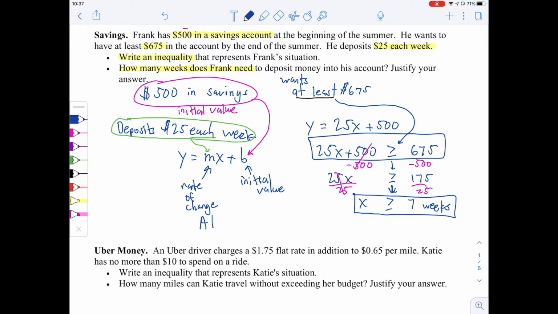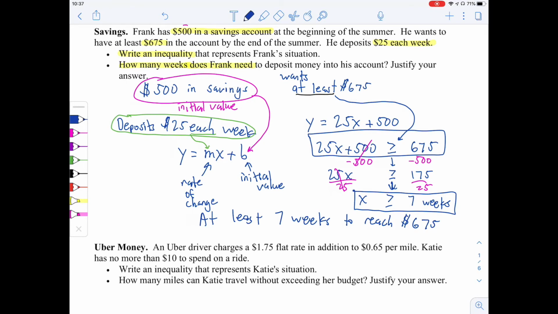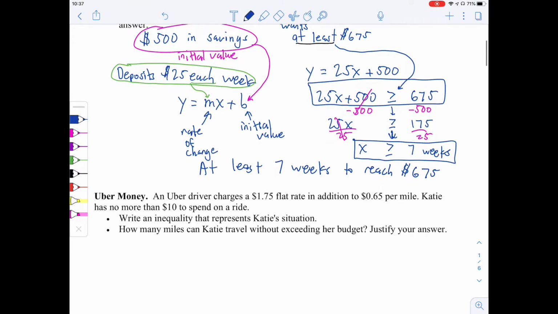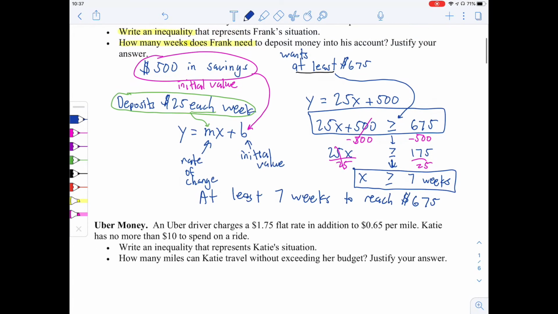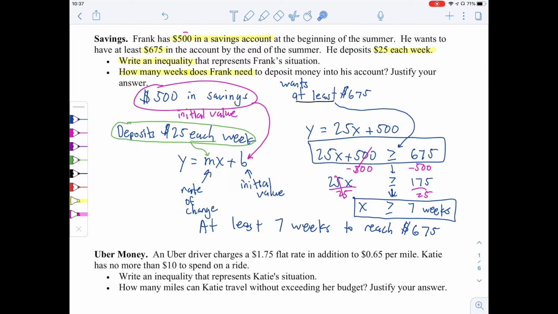At least 7 weeks to reach $675, and that's his goal. So we took the information that we had. $500 in savings at the start is our initial value. $25 each week is our rate of change. We write that into an equation with our slope and our y-intercept.